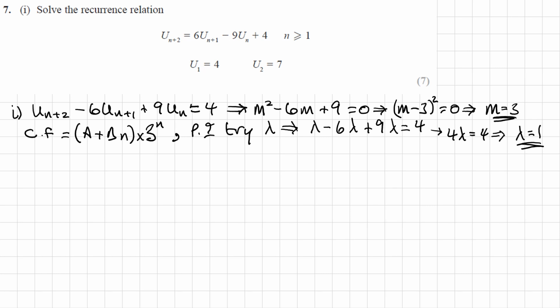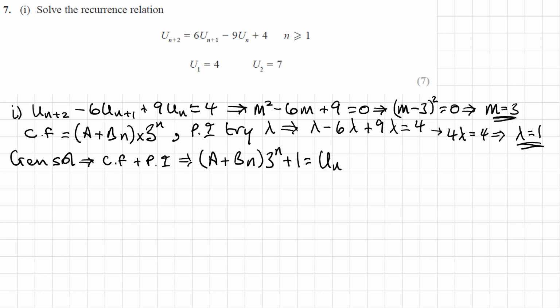So that's my particular integral. So now my general solution is going to be my complementary function plus my particular integral. So that gives me a plus bn times by 3 to the power n plus 1, and that is equal to u n.